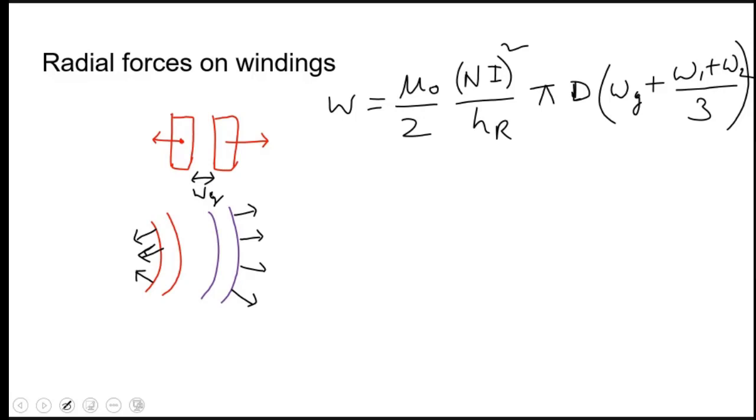Now, I want radial forces. Radial forces are equal and opposite. If you remember, this is Fr, this is also Fr, radial force. These are equal and opposite. So what should I do? From this, I want to find out radial force. Can anyone help?